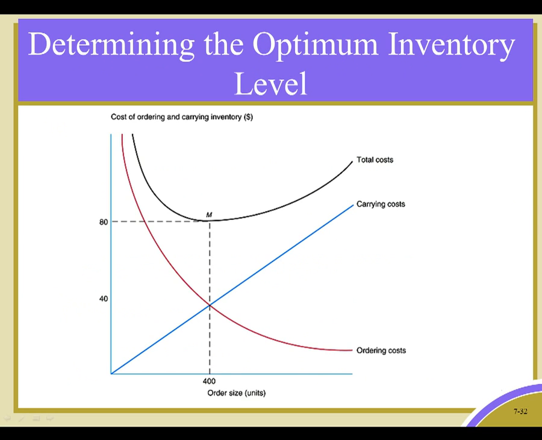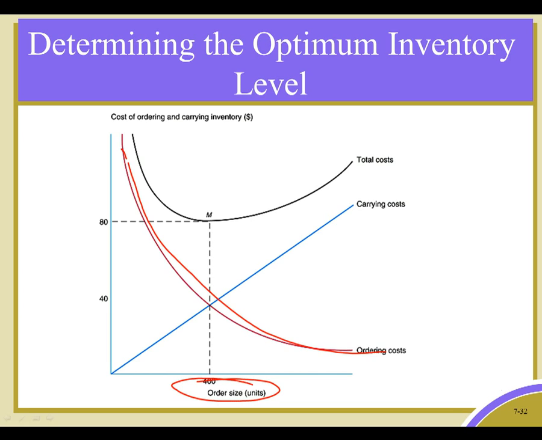This picture sort of describes what the effort is. As the order size gets larger, the cost of ordering gets smaller. That's this graph right here. When we have very large orders, the overall cost per unit of ordering gets smaller and smaller.